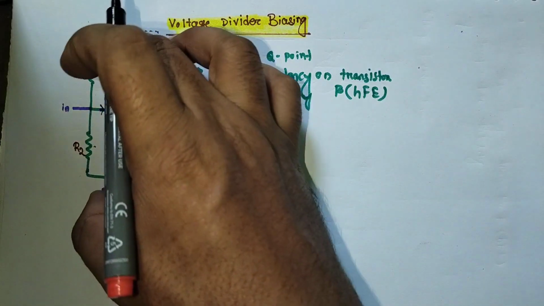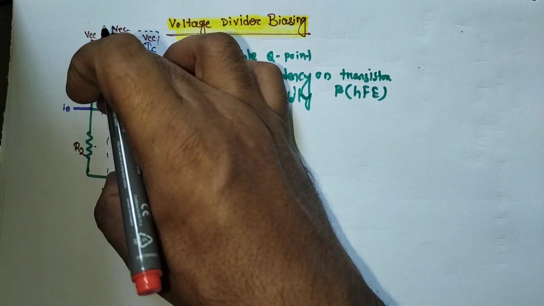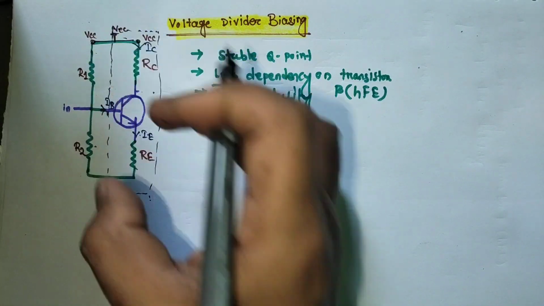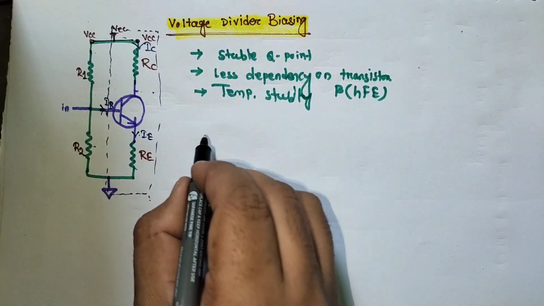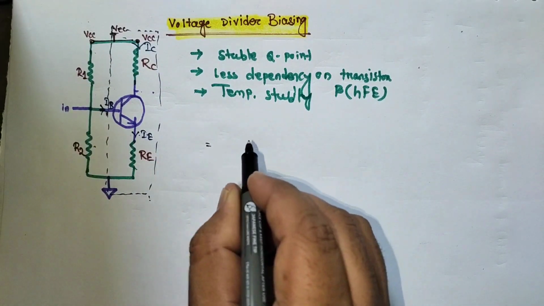First I split the circuit, because I need to find how much current IB is coming. I can modify this circuit like this.